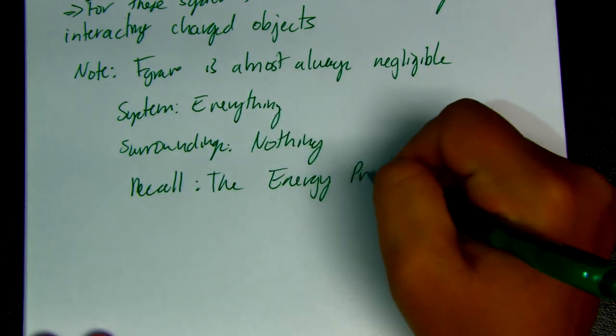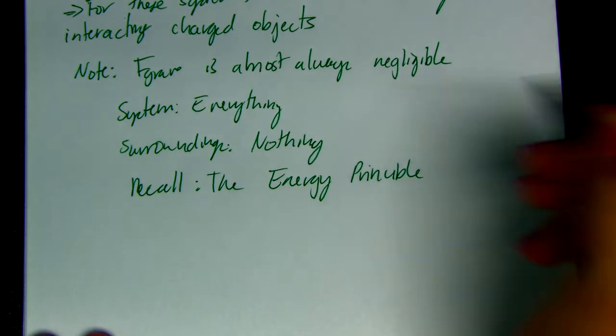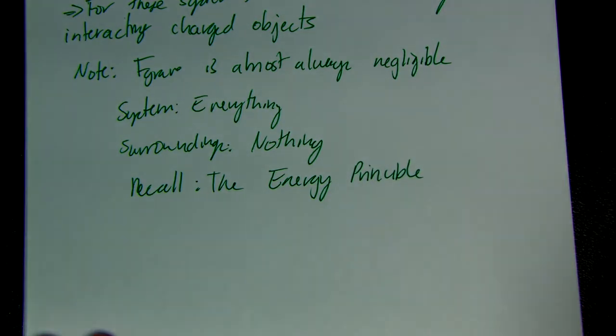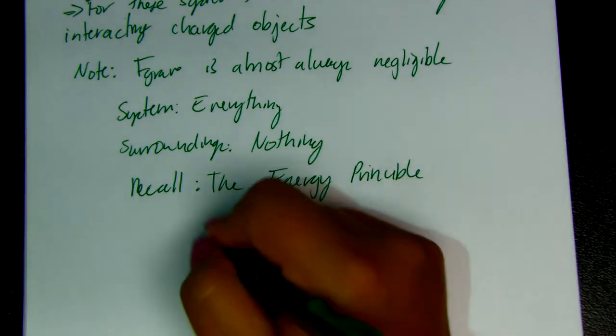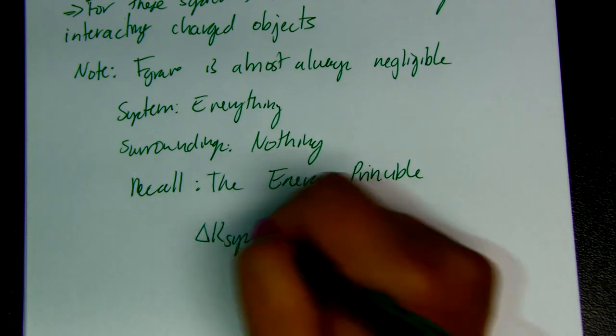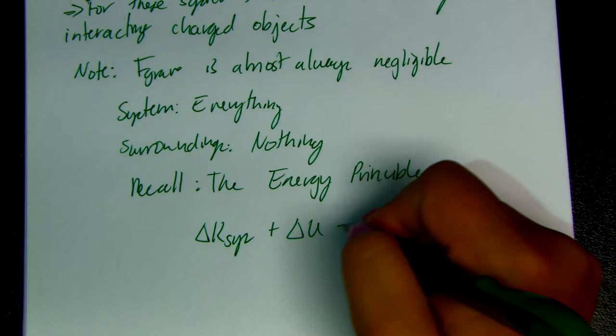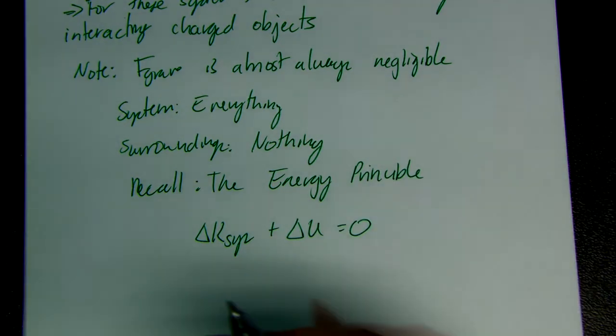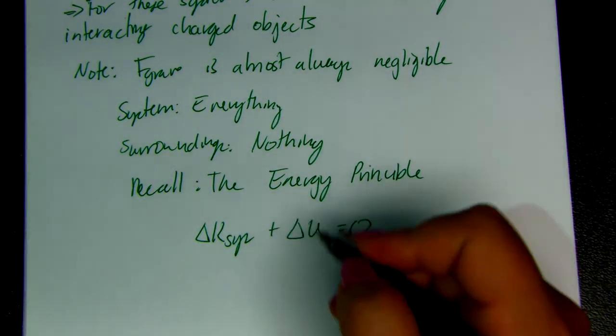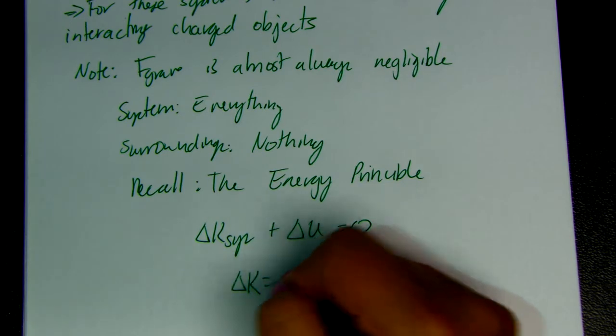Well, we know that energy is conserved, so whatever is gained by the system is lost by the surroundings, but if everything is in your system, then any change of kinetic energy in the system plus any change of potential energy is going to be equal to 0, which of course then implies that delta K is equal to minus delta U.